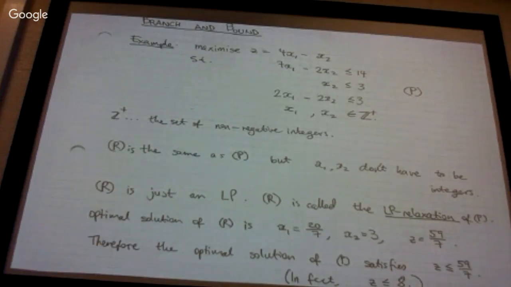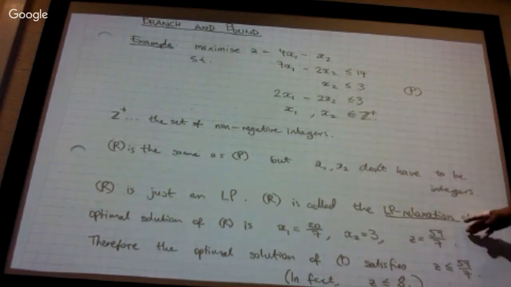So this was the example we were looking at last week. And the way we solved it was we used these things called the ILP relaxations.